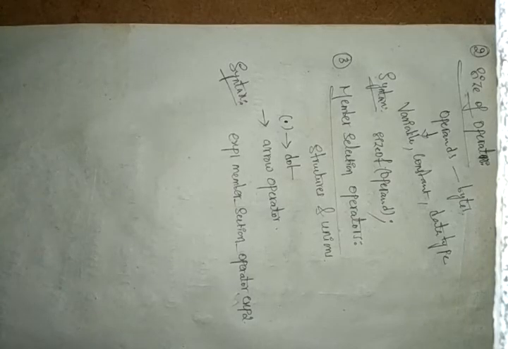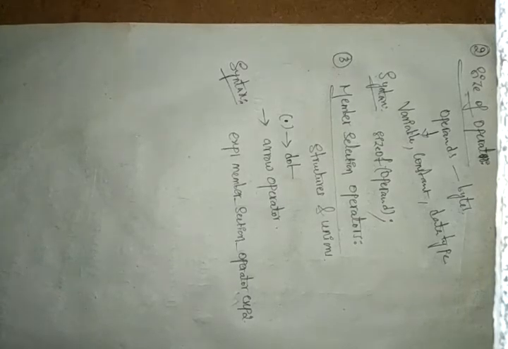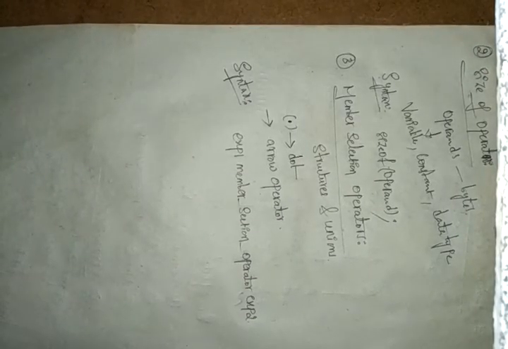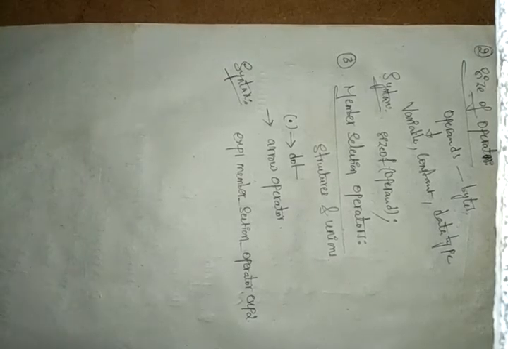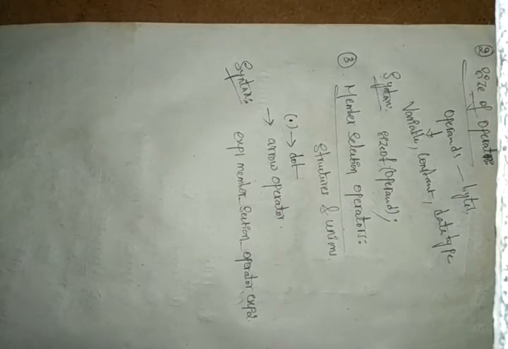Next we have the logical operators. These logical operators work like a truth table: the AND operator, OR operator, NOT operator. Next we have the assignment operator, which is equal to.